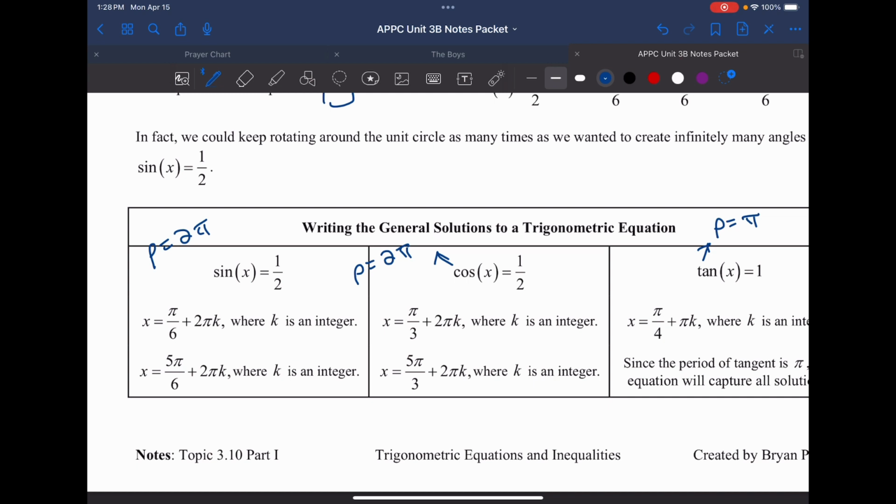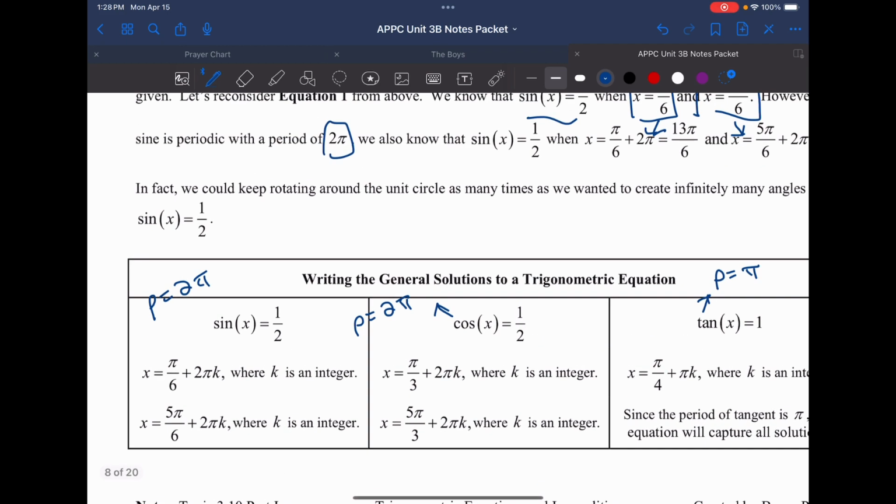If I'm finding the general solutions for sine of x equals 1/2, the steps are: first, I would find answers on my unit circle. And then the second thing that I would do is write plus my period times k. That's how you write it. So x equals my answers on the unit circle plus my period times k.